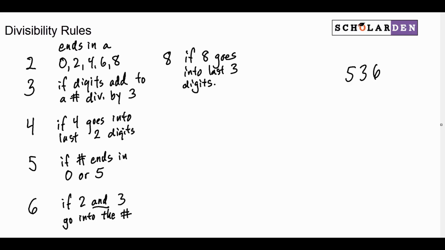You can just try dividing 7 into a number to see if it goes in. All right, so last 3 digits must be divisible by 8. For example, 274,400. 8 goes into 400 50 times, so therefore 8 will go into the whole number.